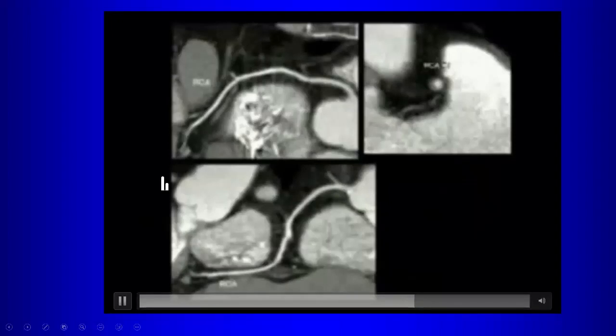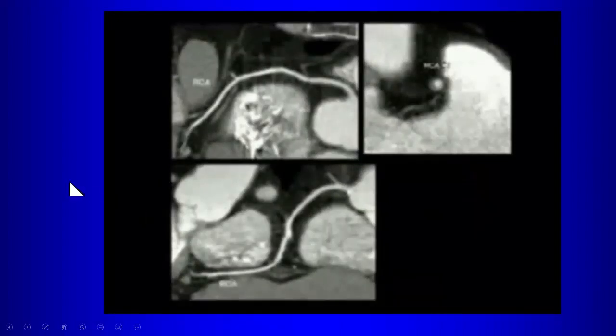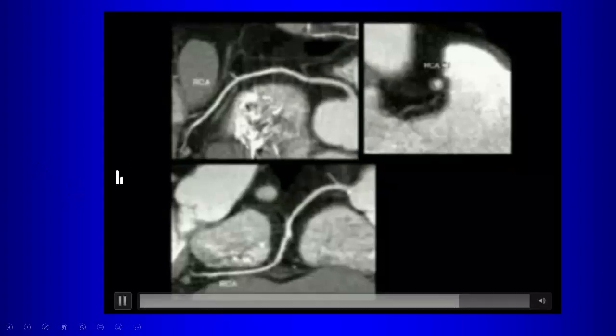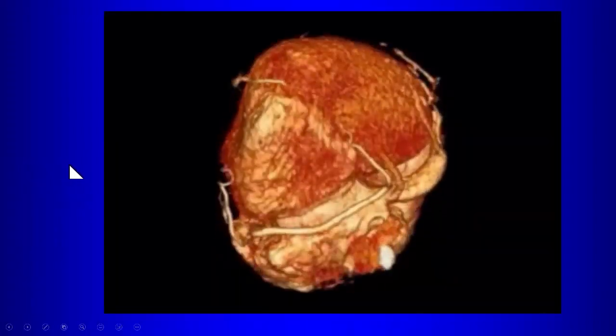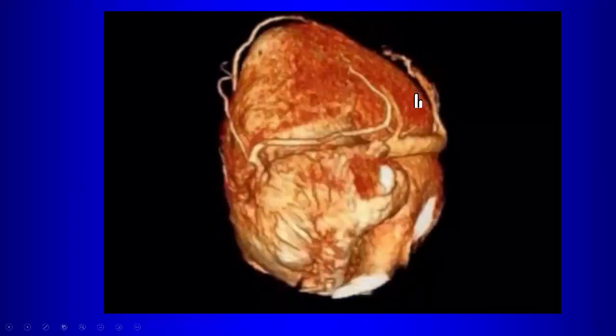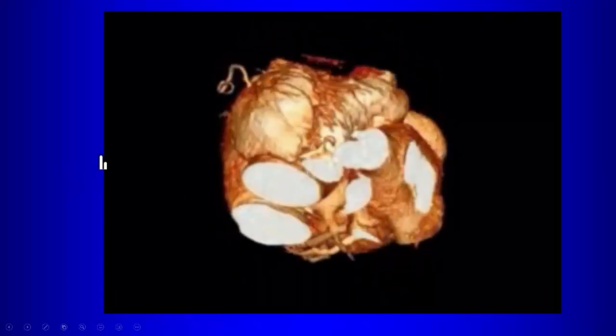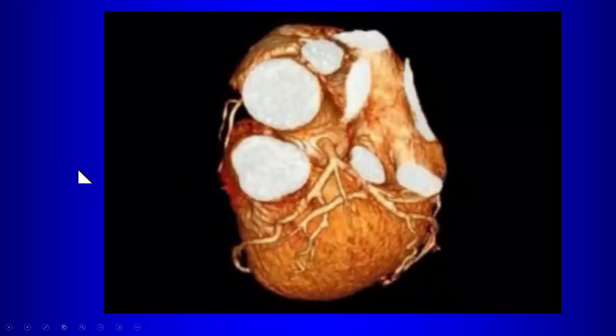So here are nice curved reformats of the coronary vessels, which is what we like to look at. It's also three-dimensional information when we do this. So that's why you can develop these three-dimensional models, the volume rendered imaging, and then look at the course of the vessel and spin it around any way you want.